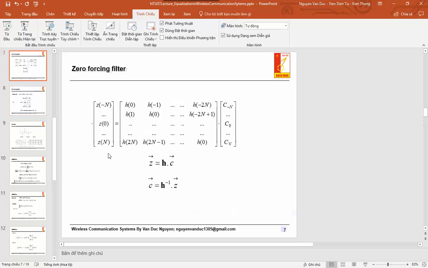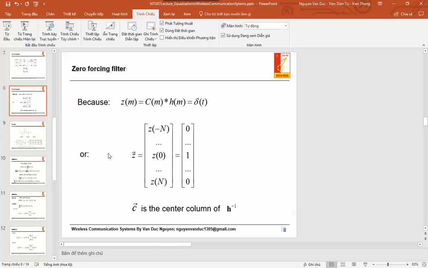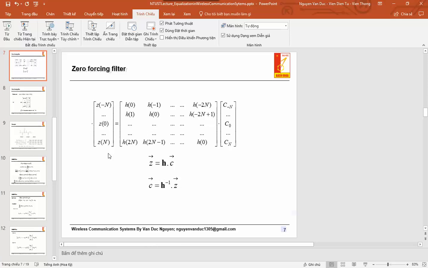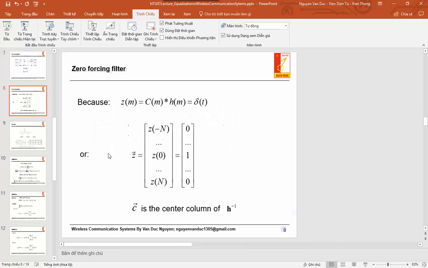So we call this relation here. We multiply the channel matrix with the set output vector, because the set vector has this form. Then if you multiply with the inverse matrix, it results in C being the middle column of the inverse channel matrix. It's the middle column of the inverse matrix.